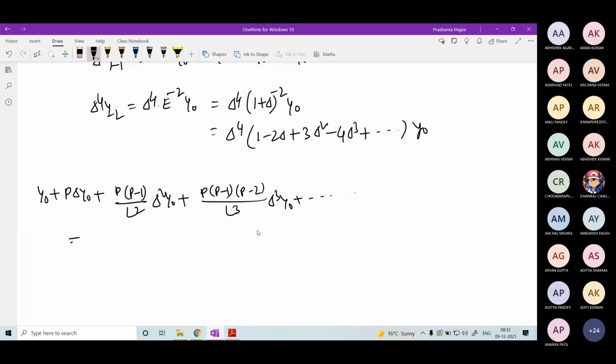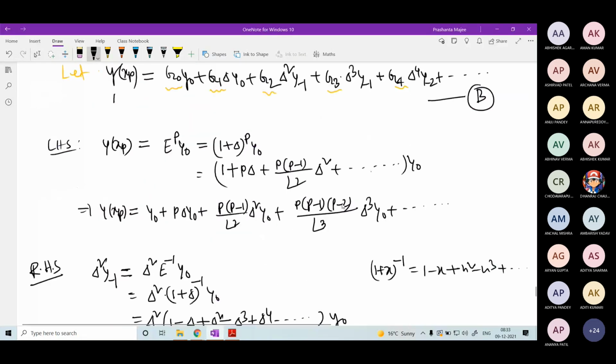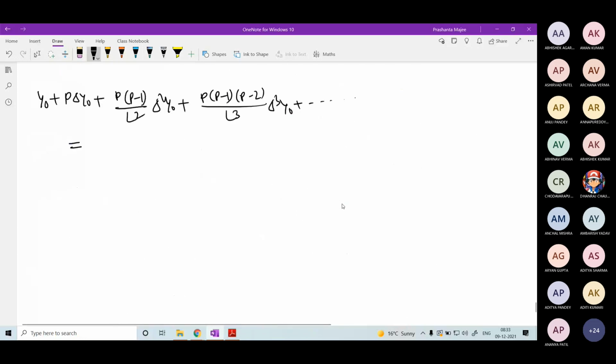And on the right hand side, the first term is g naught y naught, plus g1 delta y naught.